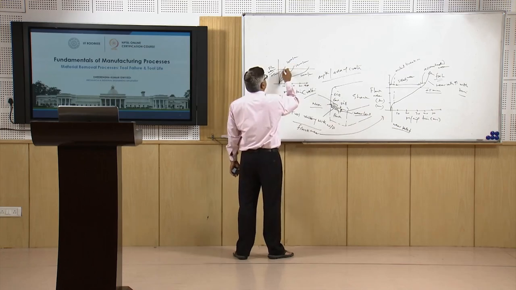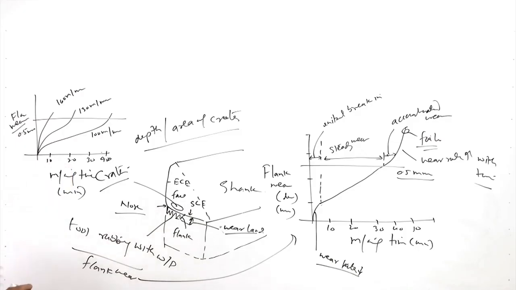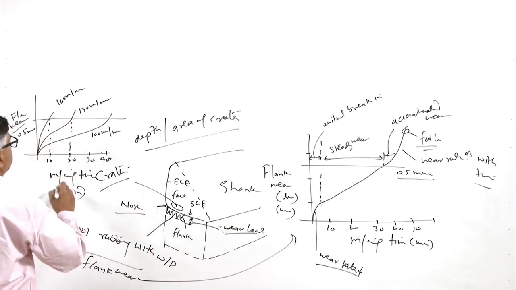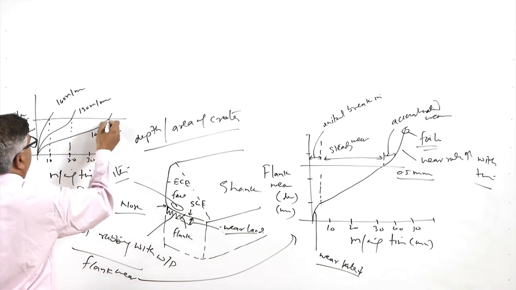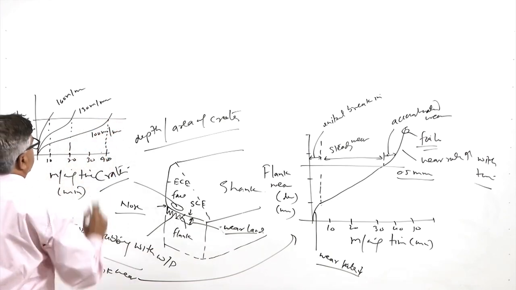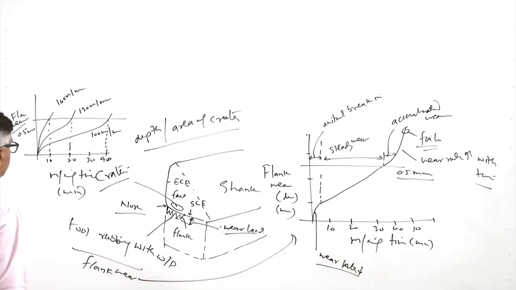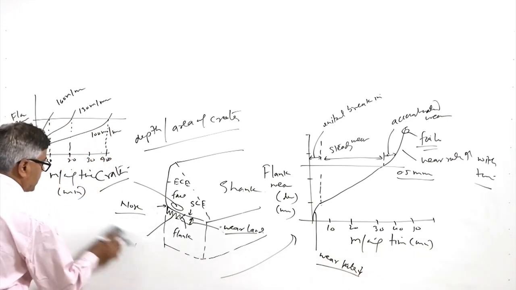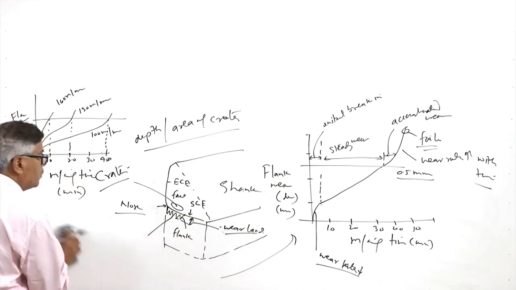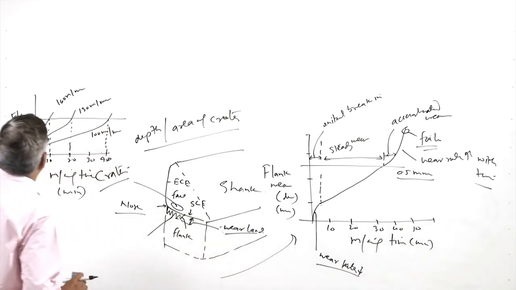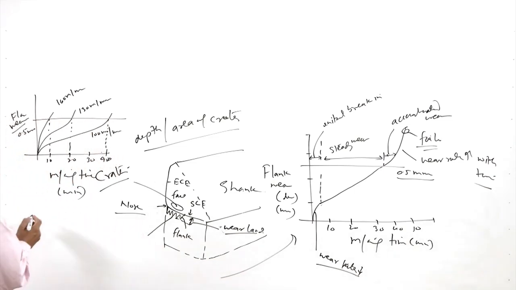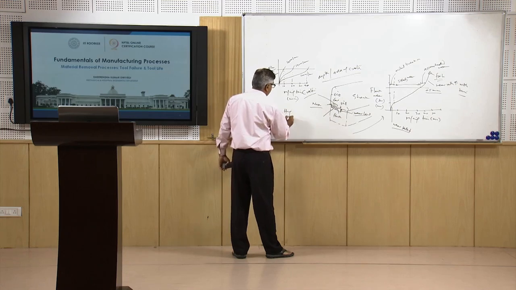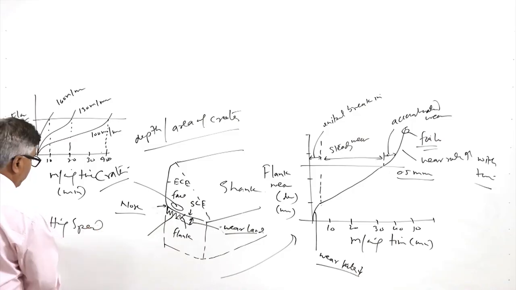So at 160 meter per minute speed, the tool life is just 10 minutes, while at 130 it is 20 minutes, and for 100 meter per minute cutting speed it is say 40 minutes. That is the machining time or tool life for which it will be able to withstand flank wear up to 0.5 mm. So what it shows is that the cutting speed has a significant effect on the tool life.